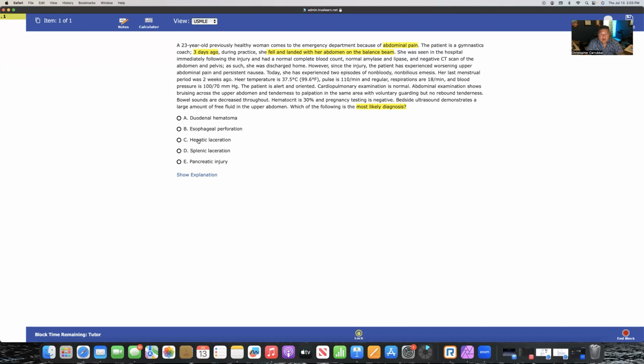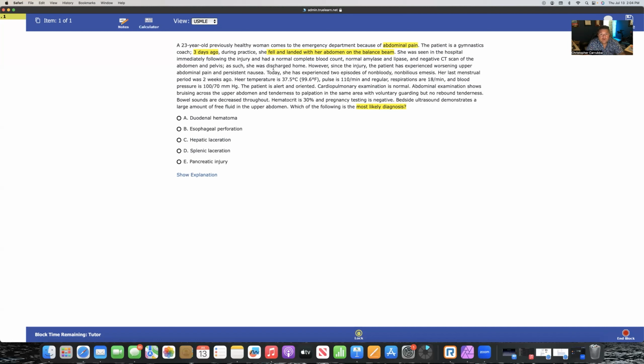So we kind of know already that C and D are gone. And even with esophageal perforation, I think we can get rid of that because this person is coming in 3 days later. You're not really going to go that long with an undiagnosed esophageal perforation. You would have been in much sooner, looking very toxic and having symptoms related to that.